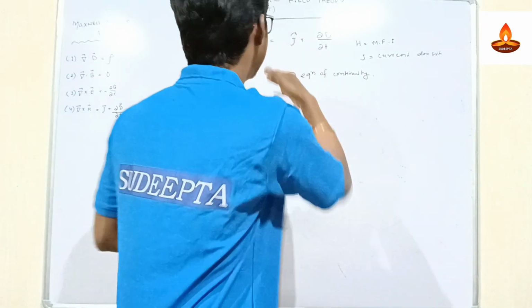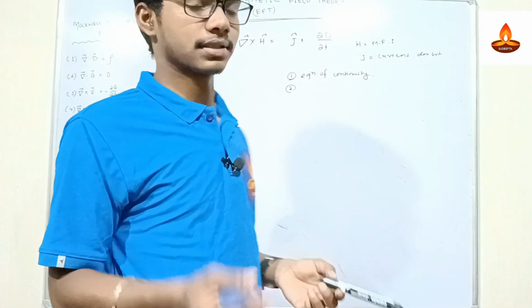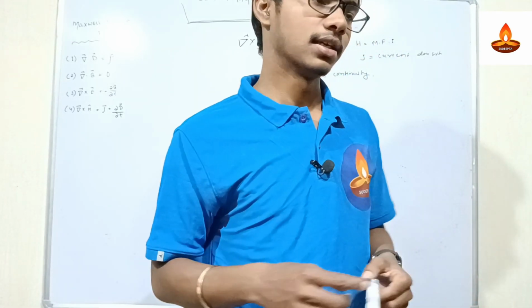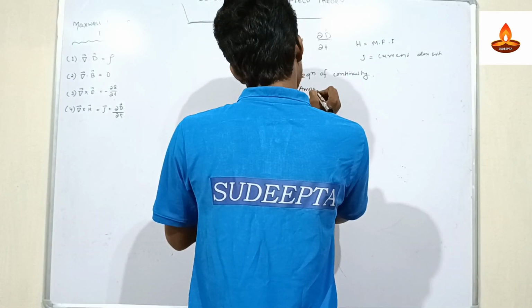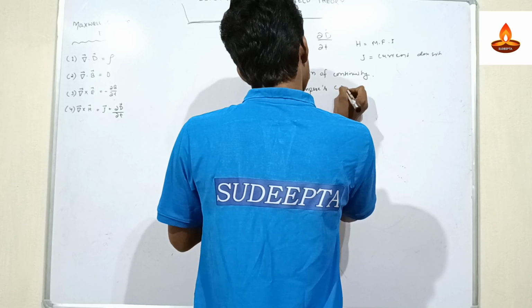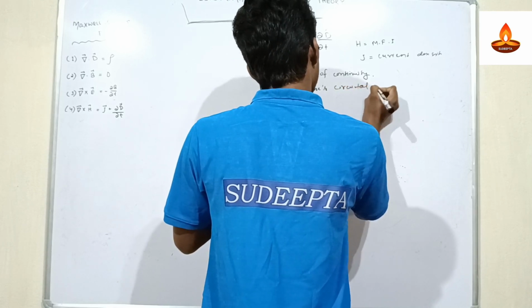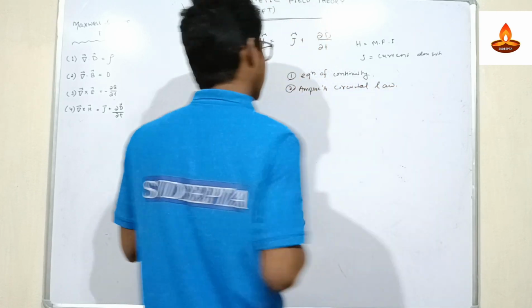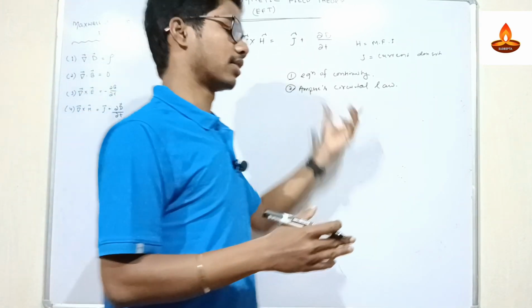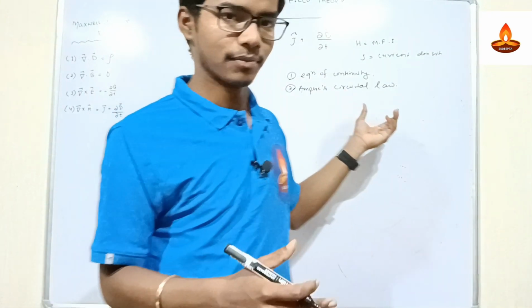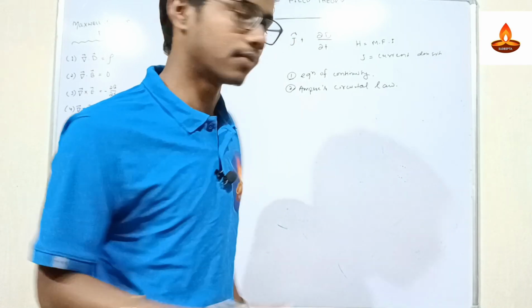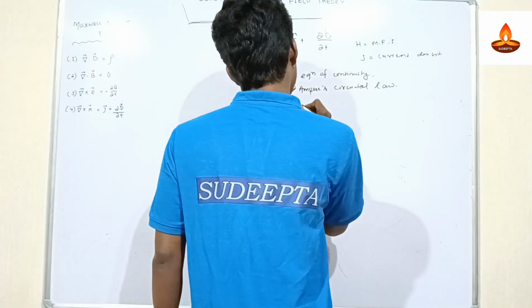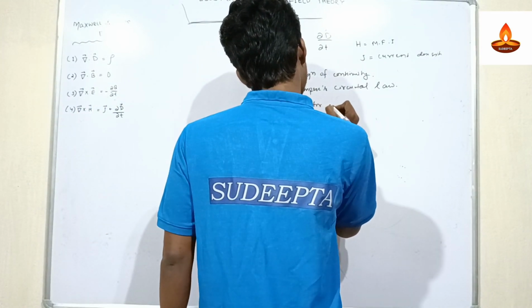The second thing we need to understand is Ampere's circuital law, because this equation is based upon it. That's why we need this pre-understanding of what Ampere's circuital law is. And then third is vector identity.